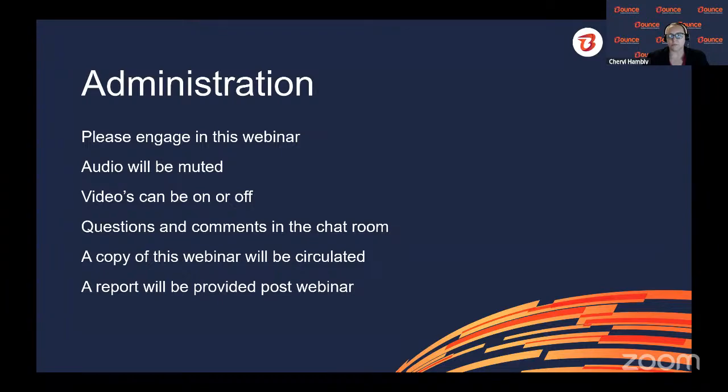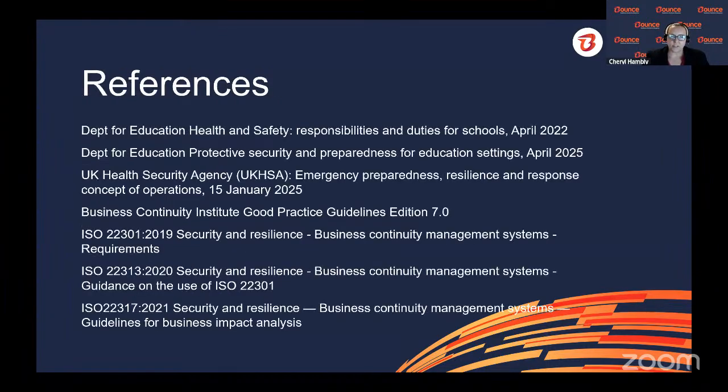In terms of references, from a business continuity perspective, there are a range of different resources. All of this is coming about through the tightening up of the changes, especially Martyn's Law, which originated from terrorist attacks. There are a number of different references that have been in place for a few years, but also as of April 2025.